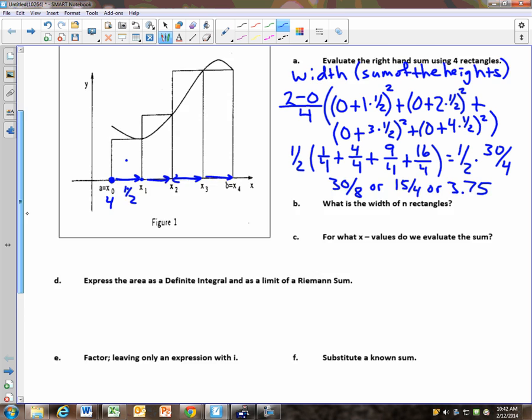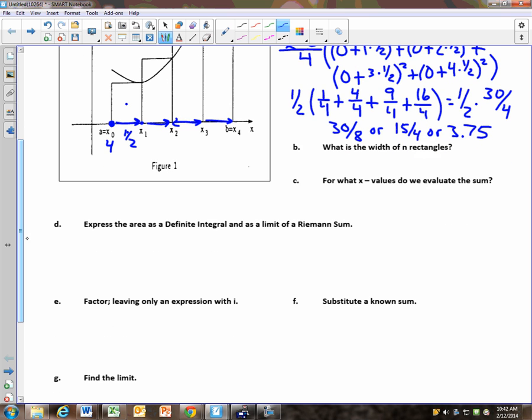Yeah, exactly. Here's how we find the width. We take b minus a, and we divide it by the number of rectangles. So that's exactly what we're going to do here. B was 2 minus 0 divided by n number of rectangles, or 2 over n. That's my width.